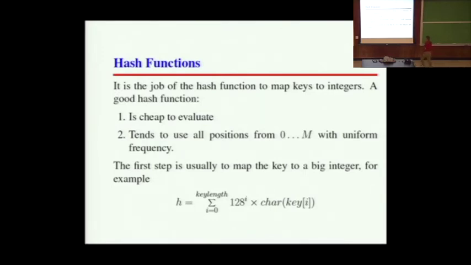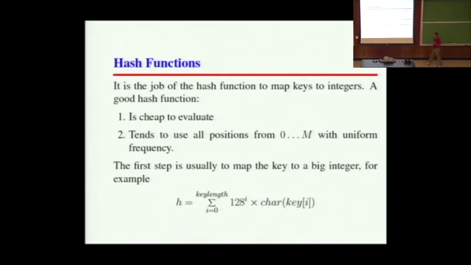We want a hash function that will take an arbitrary string of bytes, or maybe a string of characters, and map it to an integer between 0 and m. And we want this function to be fast to evaluate, so we don't spend a lot of time computing this hash.